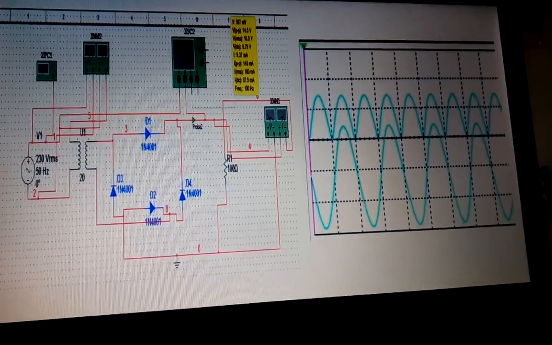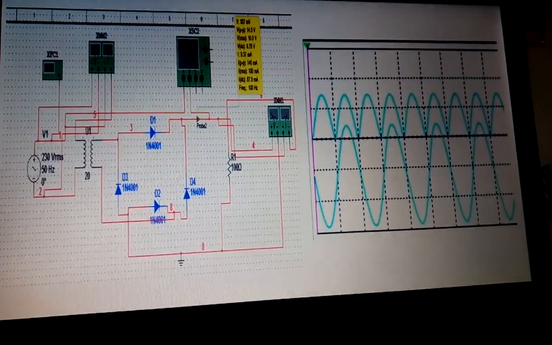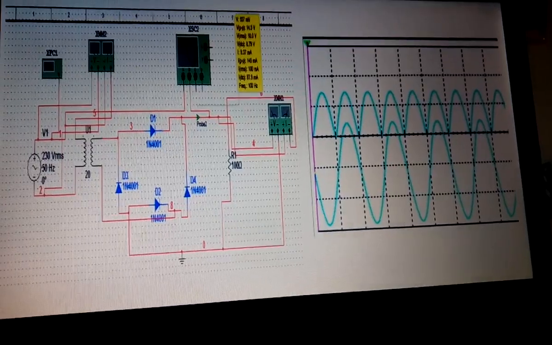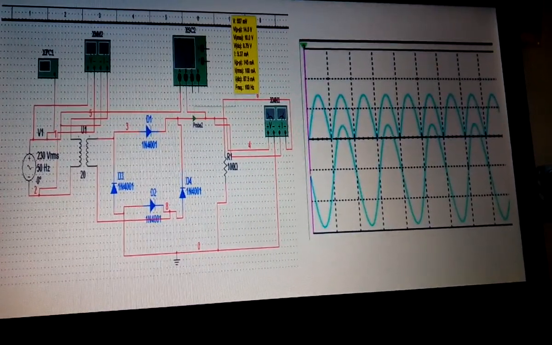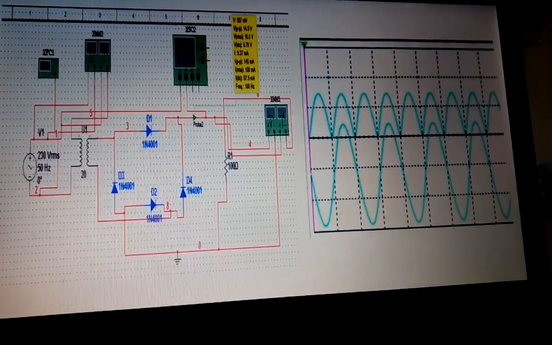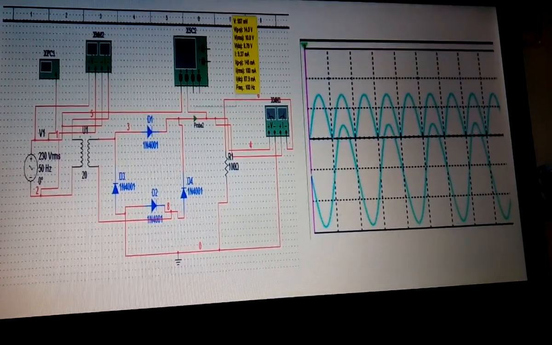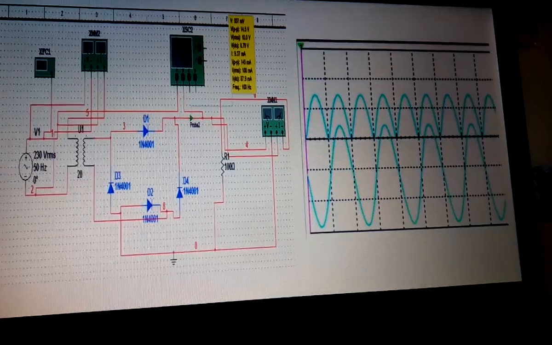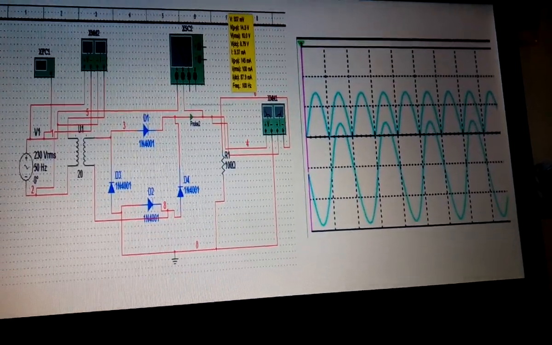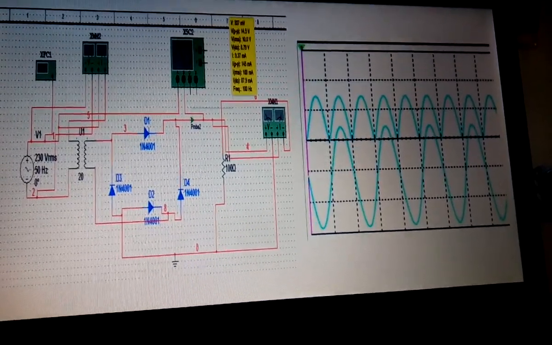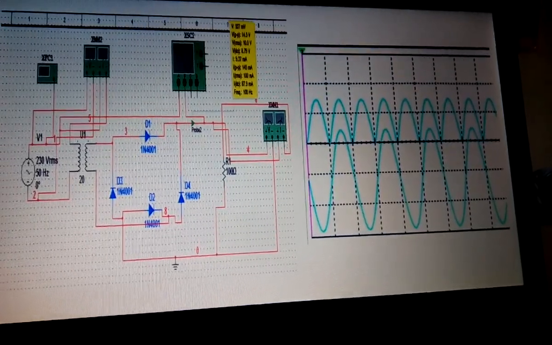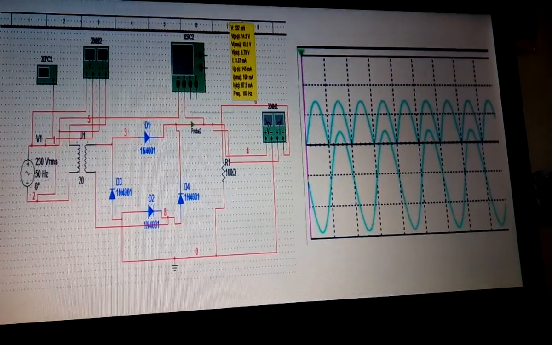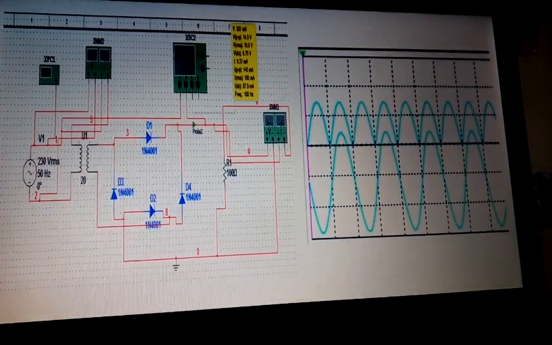Now, as soon as I run this model, I got such a waveform. The upper waveform you will see is the ripple voltage that is occurring. From the yellow box, you can see VPP is now 14.5 volts, which is high. Other values you can also see: VRMS is 10.0 volts, VDC is 8.79 volts, ripple current is 145 milliamperes, and so on.